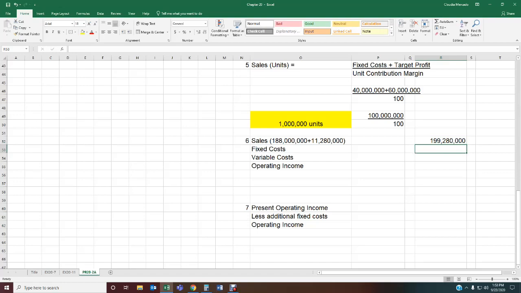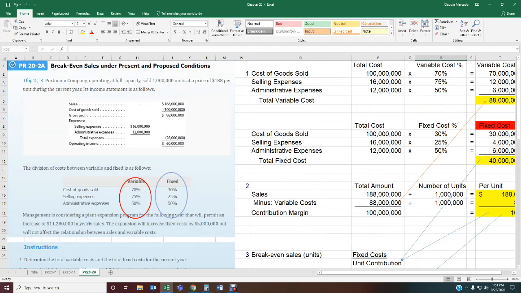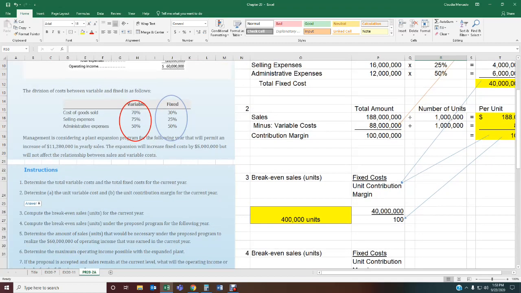Then we're going to get our fixed costs. How much do we have in fixed cost? Well, we said we had 40 million in fixed costs in the first scenario, but then it said that my fixed costs are going to increase by 5.